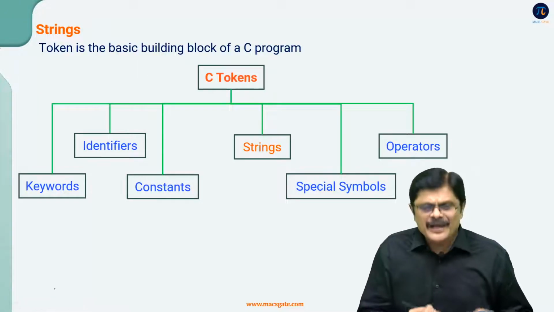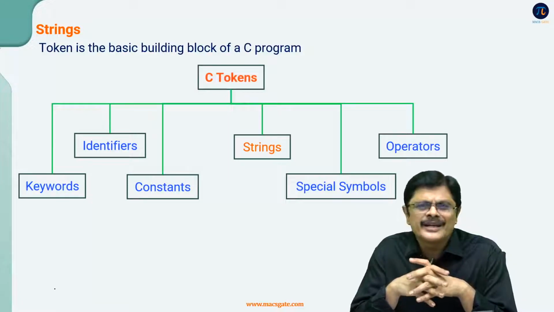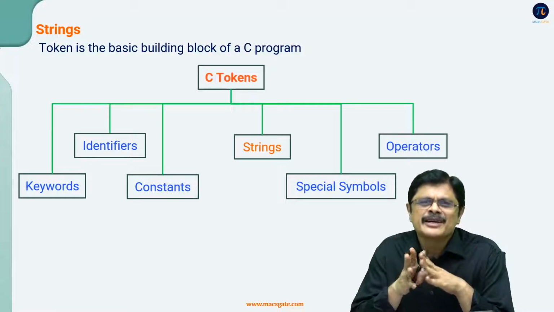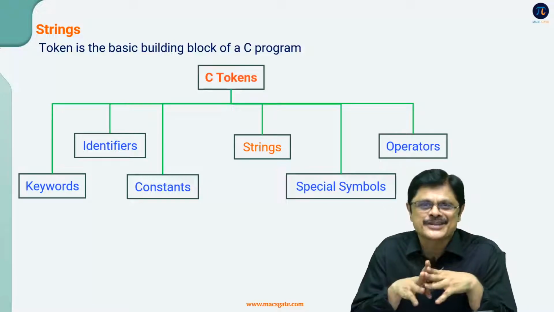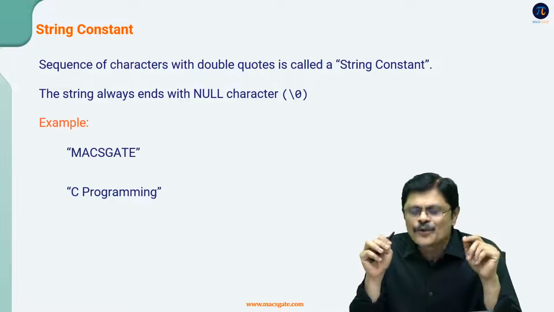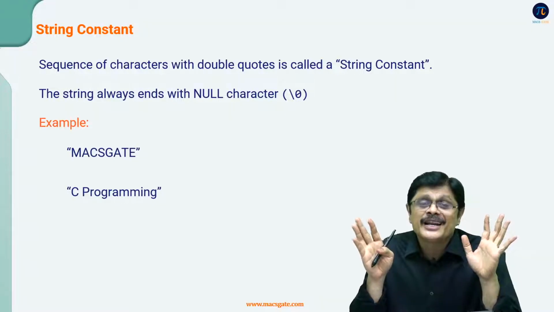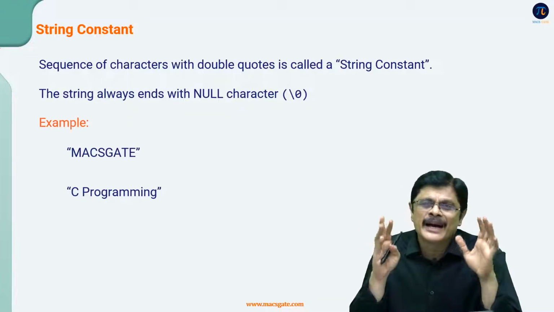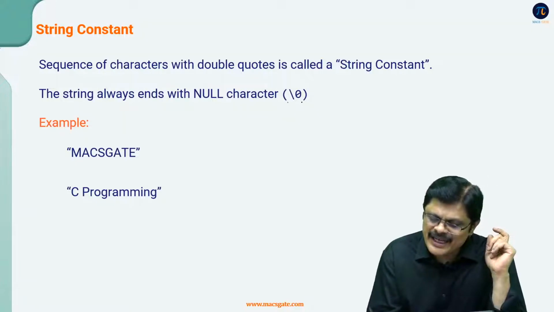Next, strings. Of course, we discuss strings in more detail after pointers, but here I am just discussing string constants only. A sequence of characters within double quotes is called a string constant, and every string by default terminates with a null character.